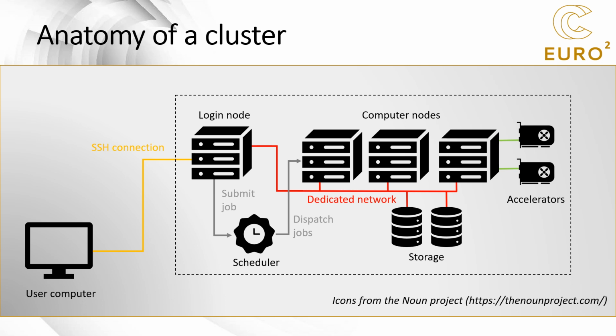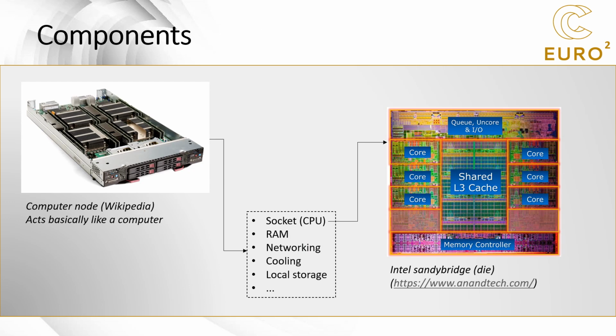To gather all the results of your calculations, a global storage system, accessible from all computer nodes, is also needed. Optionally, some nodes have also accelerators, usually GPUs, which can be really efficient for some tasks, for example in machine learning. The basic components of the supercomputers are the nodes that act as a single computer.